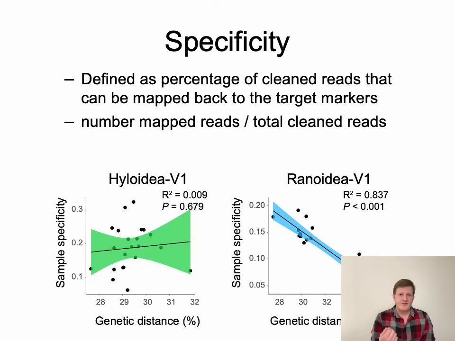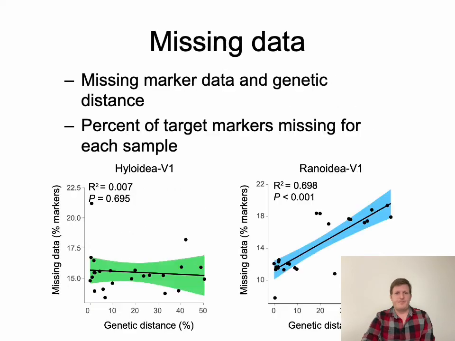And this is great. This is exactly what we anticipated and wanted from a consensus-based design, that we wanted the marker drop-off to be random and not influenced by genetic distance.